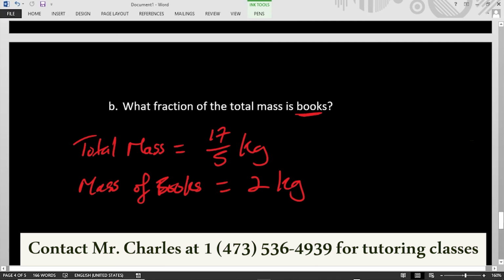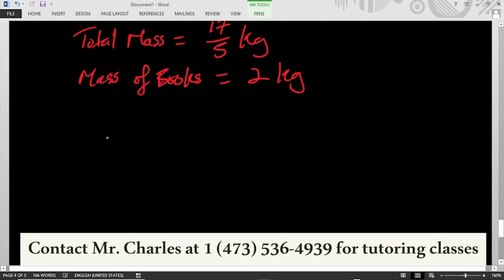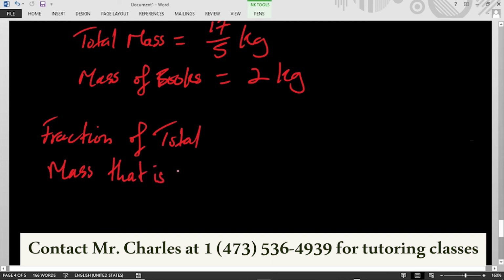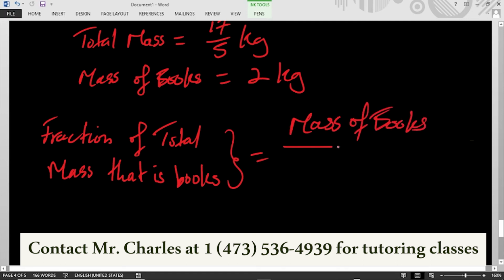So you could now say the fraction of the total mass that is books, or that comprises books, equals the mass of the books divided by the total mass.